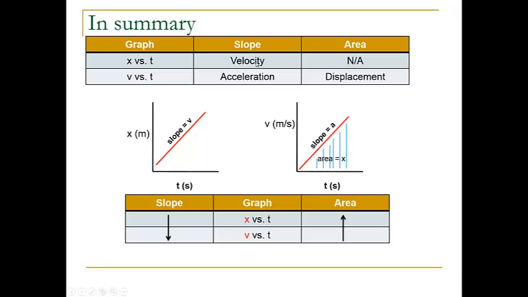If you try and take the area of it, it's not going to tell you anything. So the area of a position versus time graph is nothing. If you take a velocity versus time graph and you want to find the slope of it, that'll tell you your acceleration. If you find the area of it, that will tell you your displacement.